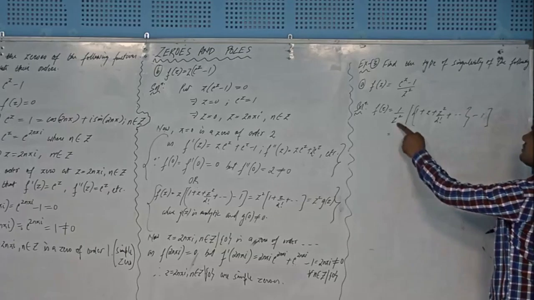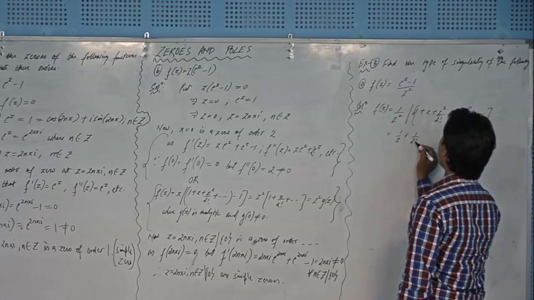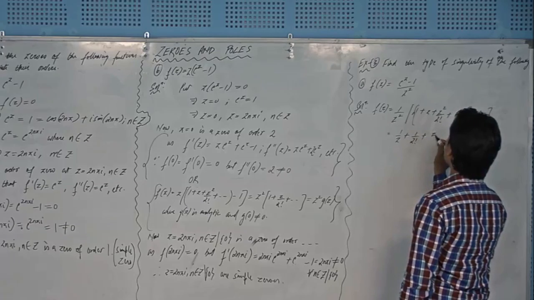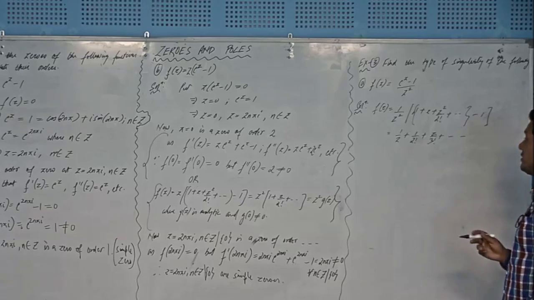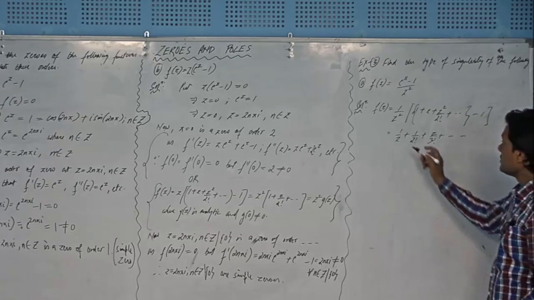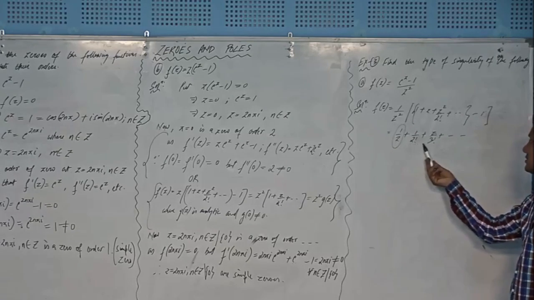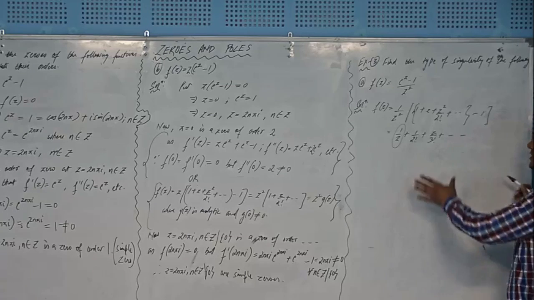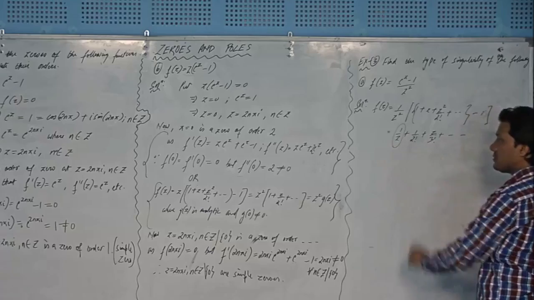And this z square will go inside, it will become 1 over z plus 1 by 2 factorial, and the other term will be z by 3 factorial, and so on. So ultimately we have a Laurent expansion, and why am I calling it Laurent, because see this term, a negative power of z, and all of these terms are non-negative powers of z. So this is the analytic part of the Laurent series, and this is the principal part.